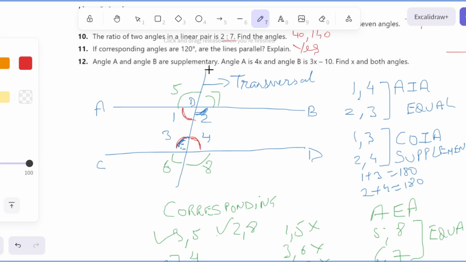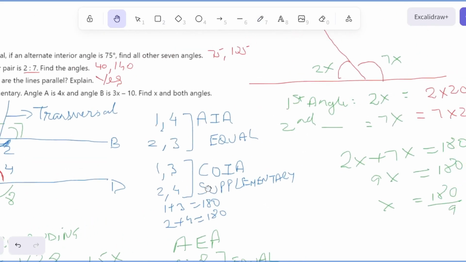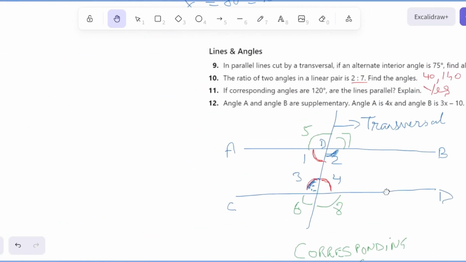Angle A and B are supplementary. Angle A is 4x and B is 3x minus 10. Find x and both angles. So let me do it over here. Okay. What are supplementary angles?